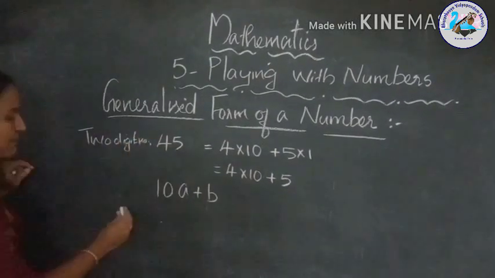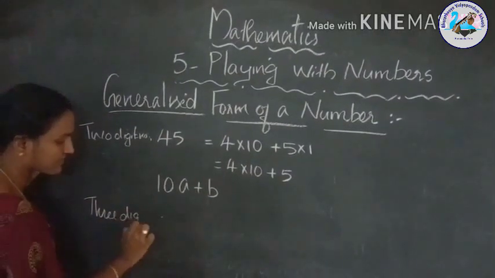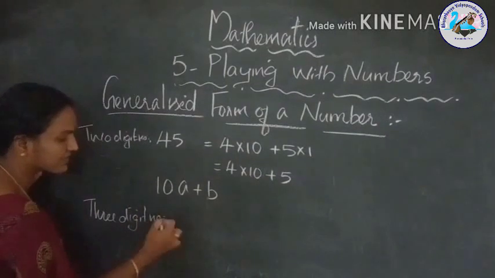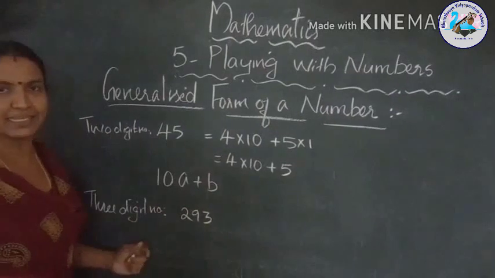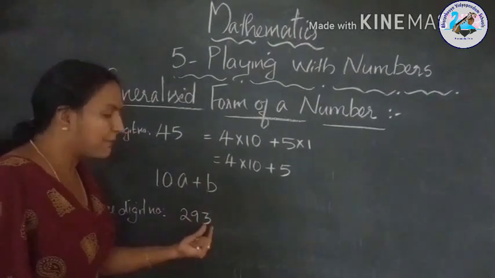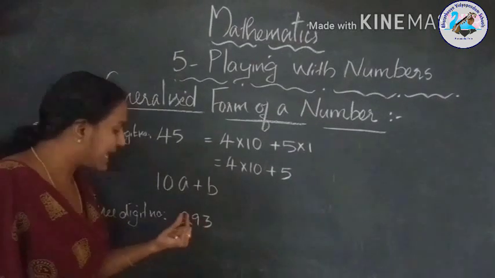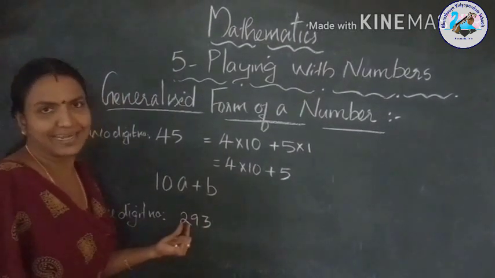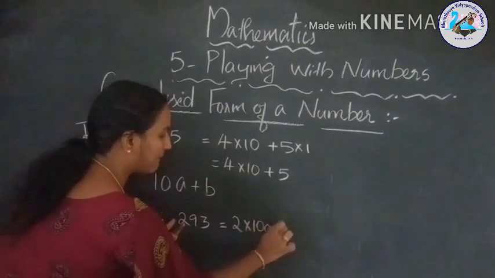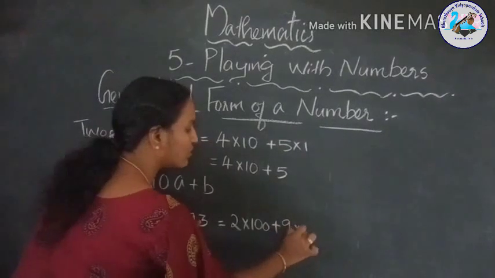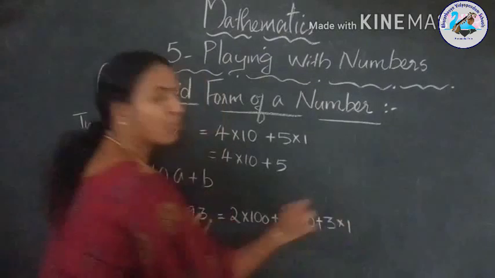And for any 3-digit number, for example, 293. In 293, the place value of 3 is 3 ones, 9 is 9 tens, and 2 is 2 hundreds. So it can be written as 2 into 100 plus 9 into 10 plus 3 into 1.